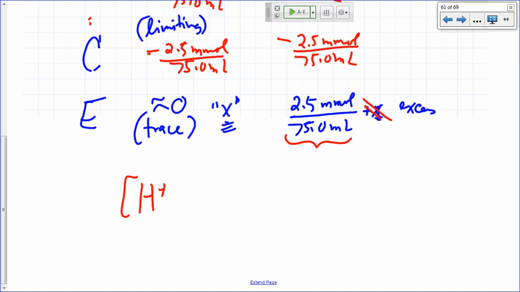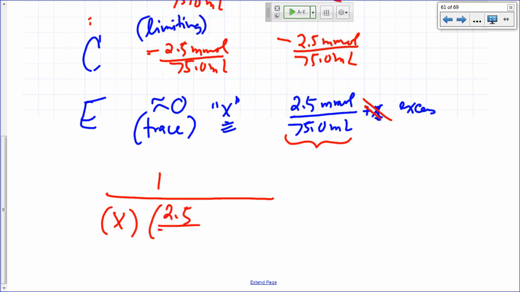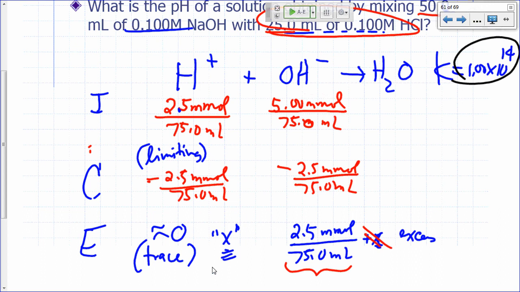So we're going to say then, 1 over X times 2.5 over 75 is equal to KEQ. Because the activity of water is 1, it's products over reactants.